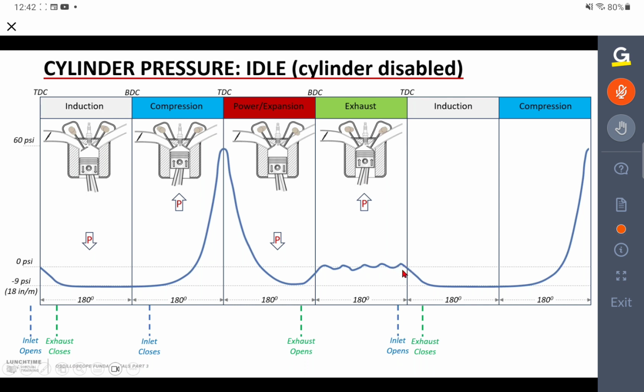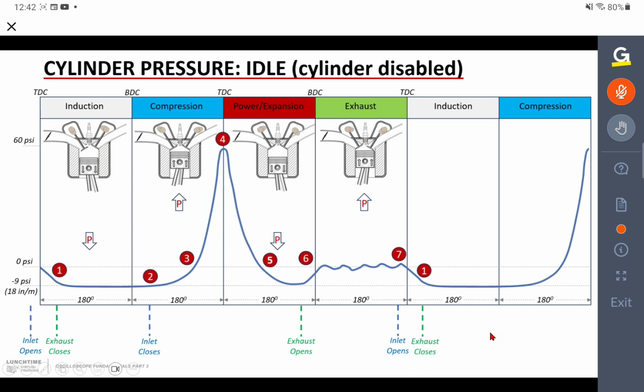The inlet valve opening is the end of any pressure being produced on that exhaust stroke. So the moment the cylinder reaches TDC and the inlet valve is now opened, the piston comes down again, and we once again produce a negative pressure, or a vacuum, if that's what we want to call it.